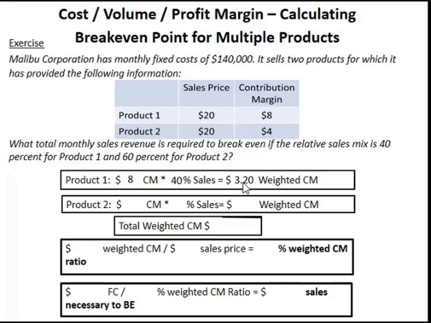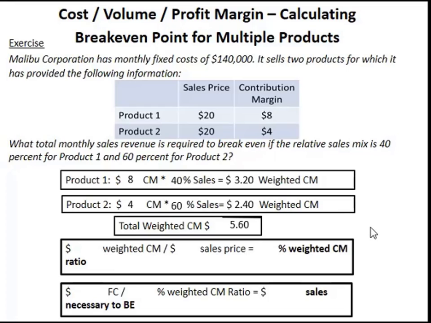That's going to be the weighted contribution margin. Product number 2, we have a $4 contribution margin, and that's going to be 60% of our sales. So we multiply the 60% times $4, and we're going to have a $2.40 weighted contribution margin.